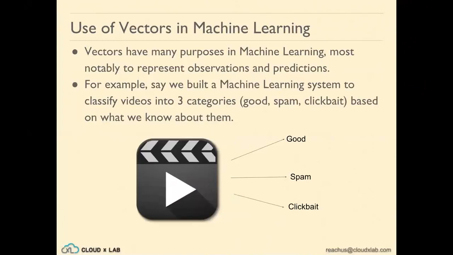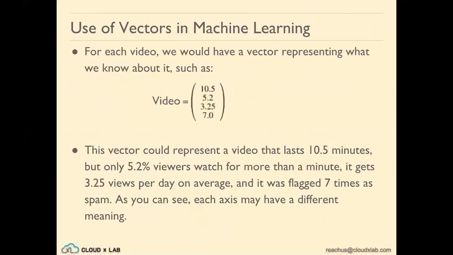For example, say we built a machine learning system to classify videos into three classes, right? Good, spam, clickbait, based on what we know about them, right? So if you have to classify a video into three categories, good, spam, or clickbait, then we will have to define the outcome as a vector, right? And not only that, for each video we would have a vector representing what we know about such a video.